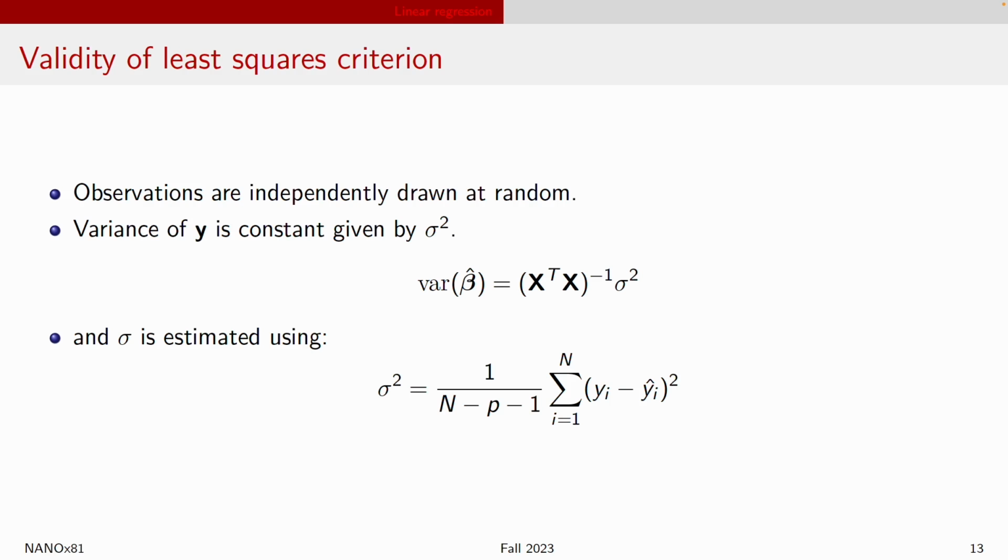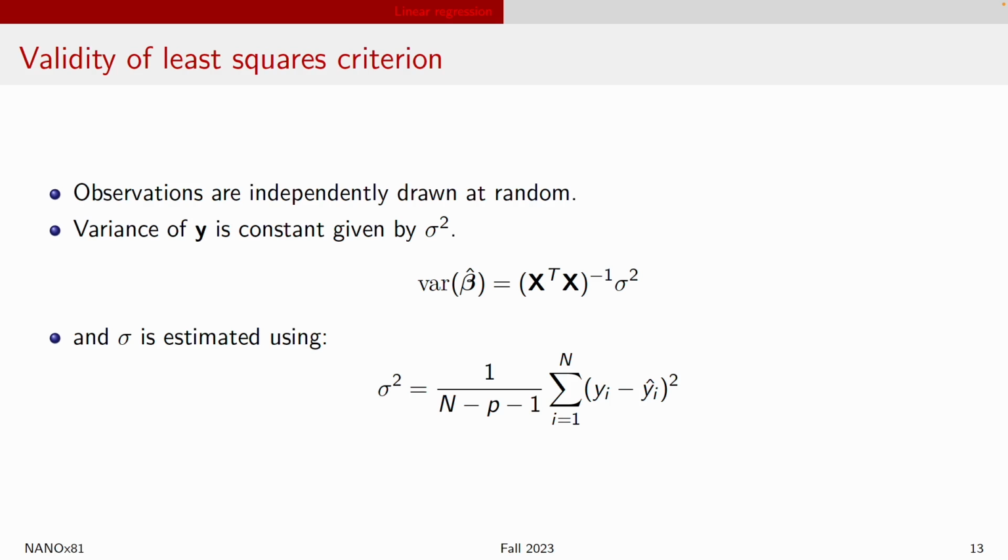We also assume that the variance of our actual target observations is constant. In other words, the variance of y is given by some constant sigma squared. So there isn't an increasing variance with larger values of y.